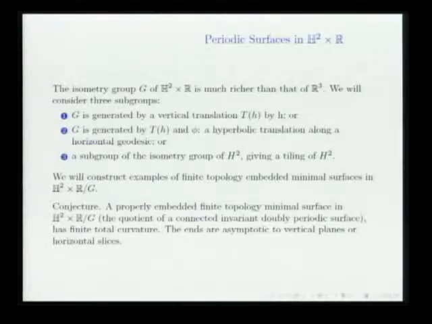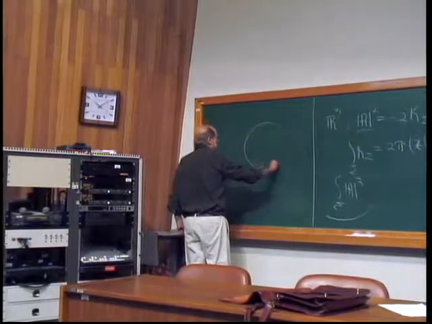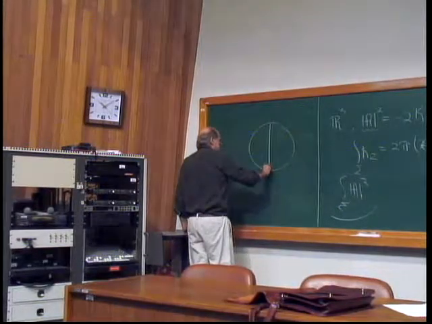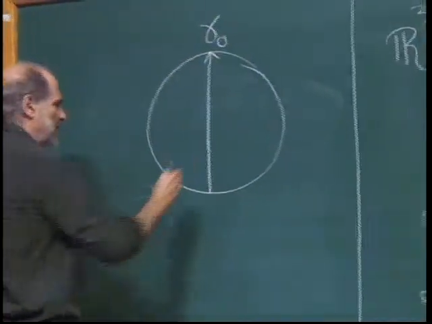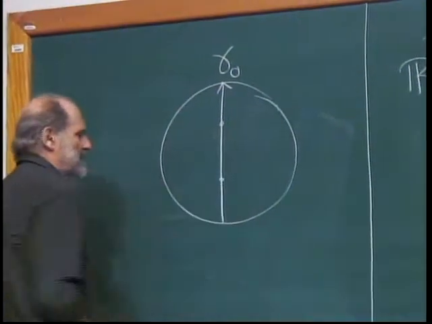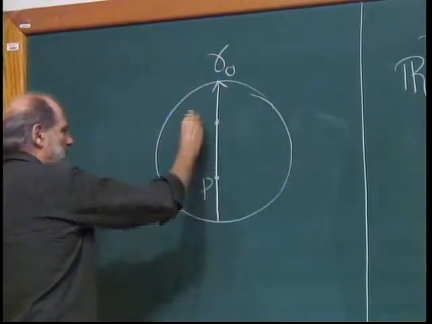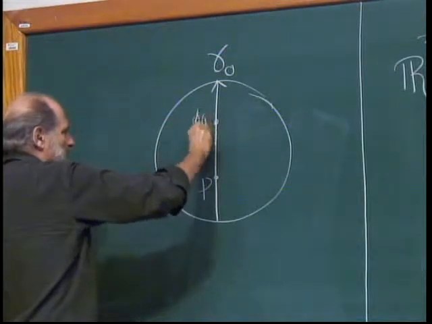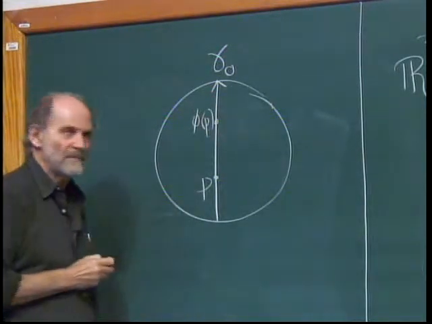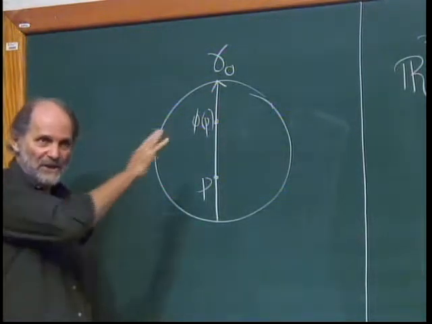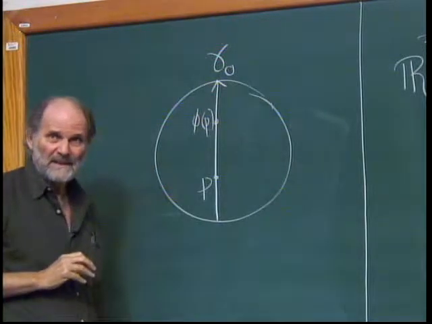If I think of the disk as the hyperbolic plane, I'll fix a geodesic here, gamma 0, and phi will be translation along this by some fixed quantity, say a distance 1 for the moment. And the geometry of this translation is important to understand.